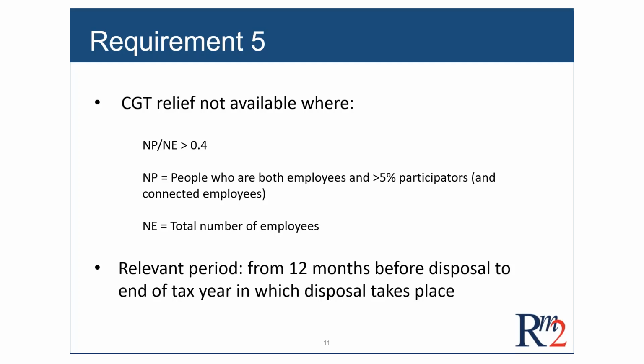So what it's saying, just cutting through the calculation, is that of the entire workforce, 40% or less of the employees can be participators or family members of participators. So if you have 10 employees, you can only have 4 owners who own more than 5% in order to be eligible to do an EOT transaction.